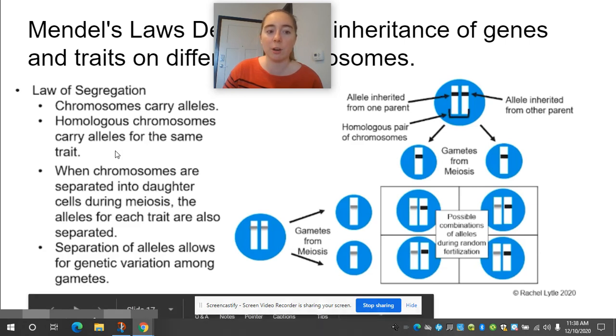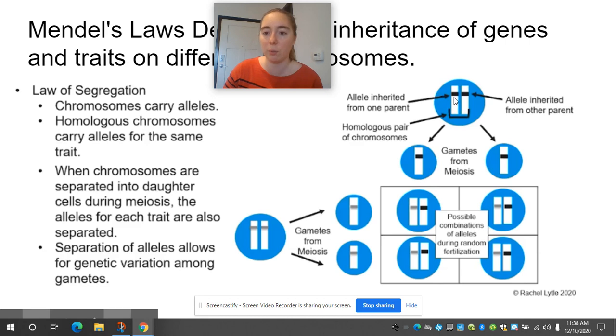And so homologous chromosomes carry the same allele. We know that there's an allele here in black, and this allele here in black are the same exact trait that we're going to see on both of those. And so they're carrying the same allele. When the chromosomes are separated into the daughter cells from meiosis, though, we're going to see that those alleles for the traits are going to be separated from each other.